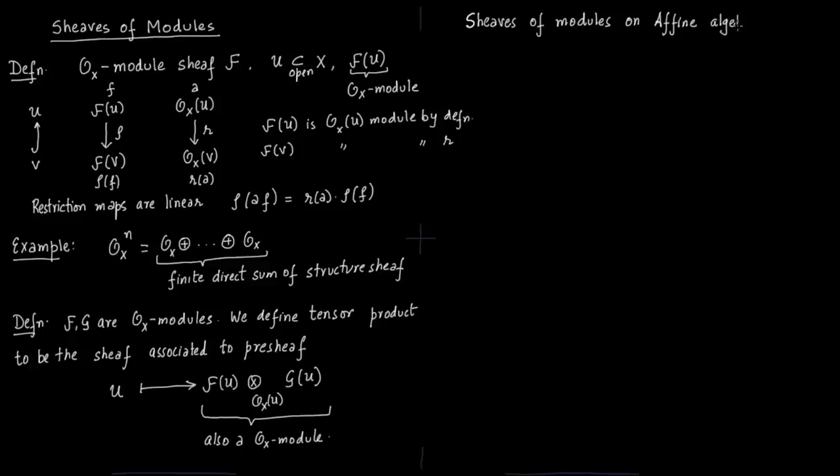Obviously, if we replace the module by the structure sheaf itself, we should get precisely the sheaf of regular functions, because the module you could take as OX of U itself. So that is the guiding philosophy. We have to keep in mind the sheaf of regular functions.